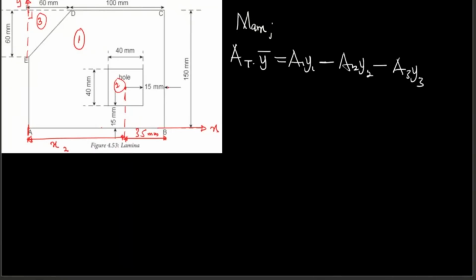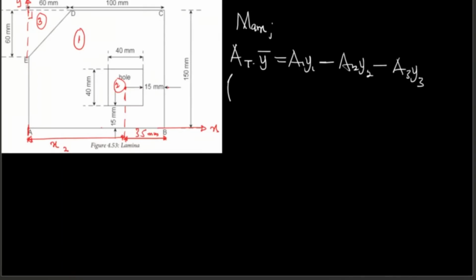Let's do the one about the axis of rotation which is x. So it's going to be A total multiplied by Y bar equals A1 Y1 minus A2 Y2 minus A3 Y3.